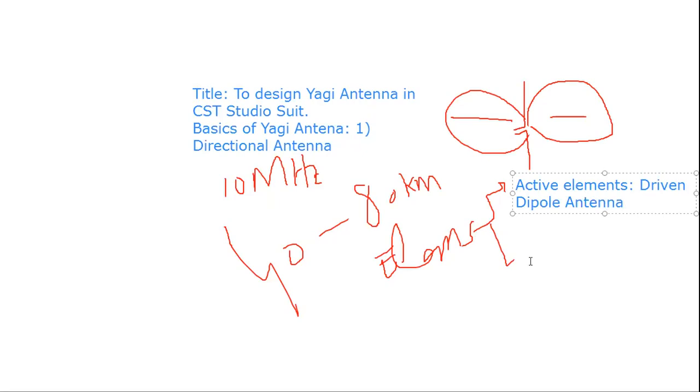The second is called parasitic elements. These are the reflector and director.